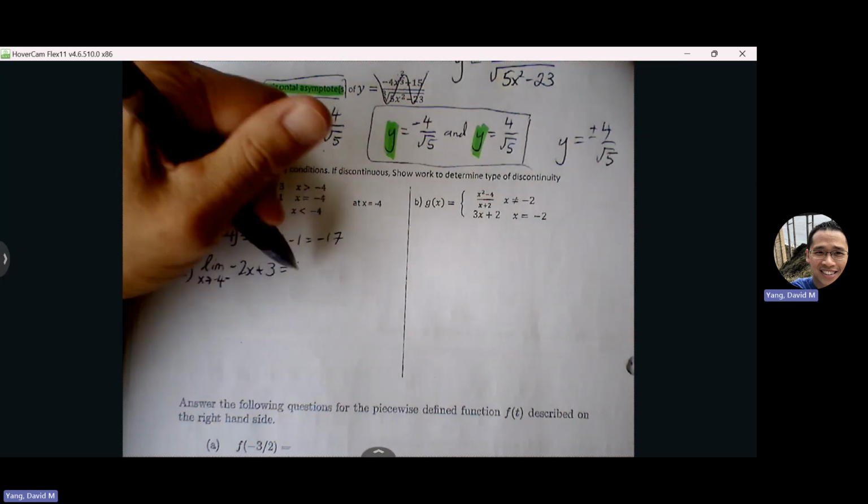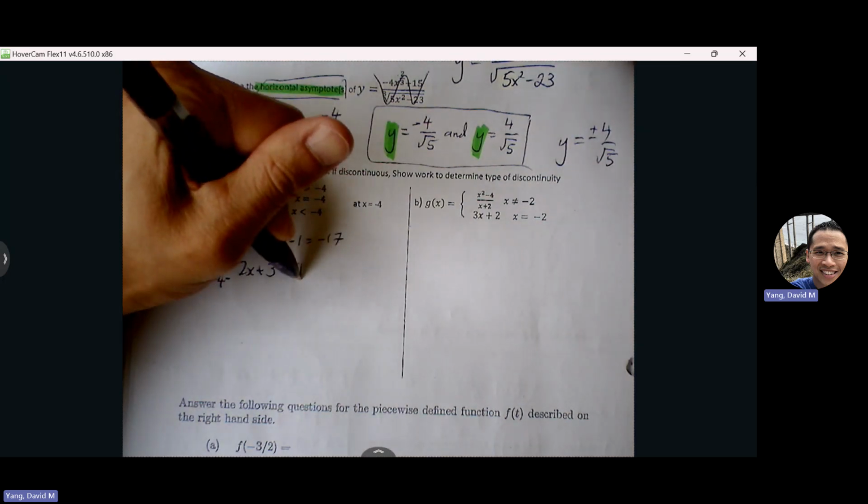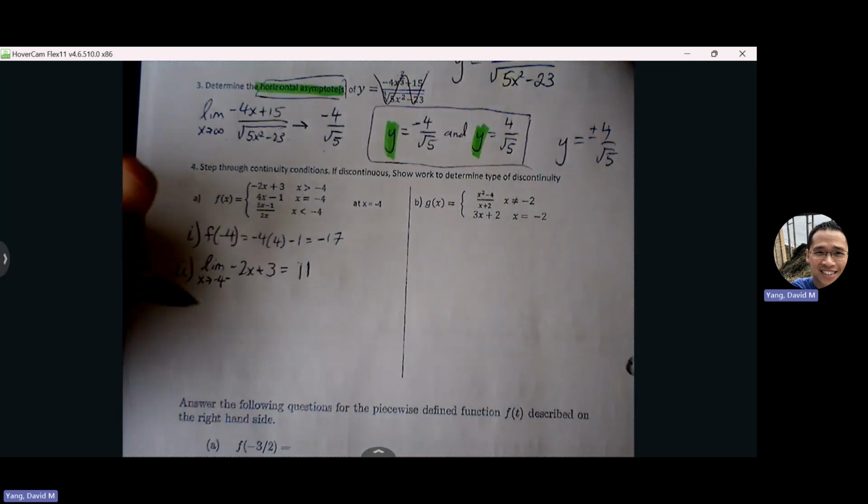I messed up my key here. It should be, you got 11 here.